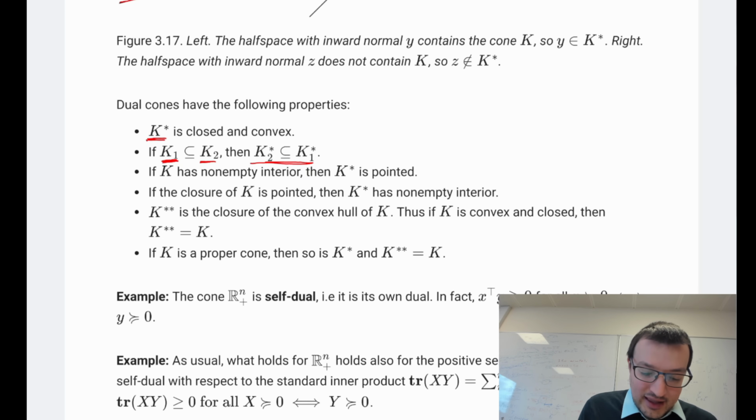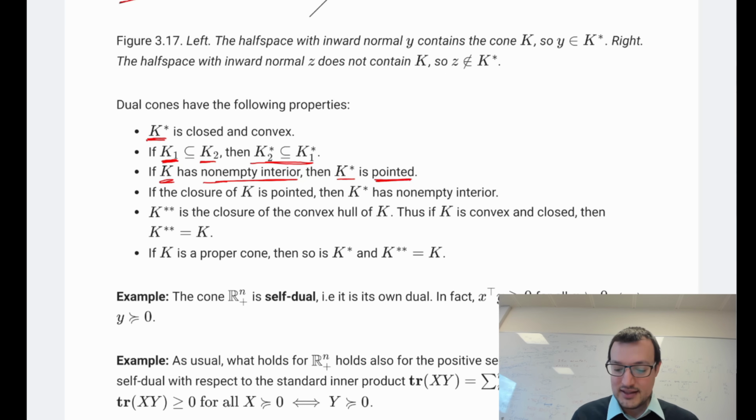If K has a non-empty interior, then K star is pointed, okay, which we should remember means that it has a tip. And the opposite can actually be relaxed. In particular, if the closure of K is pointed, then K star has a non-empty interior.